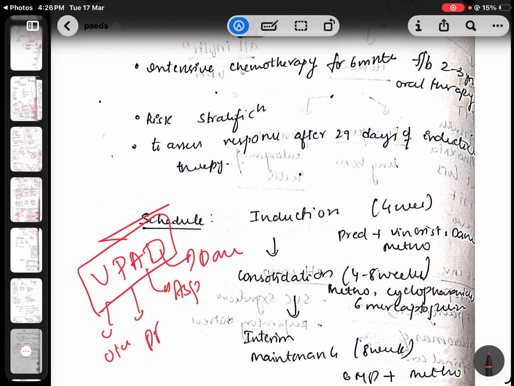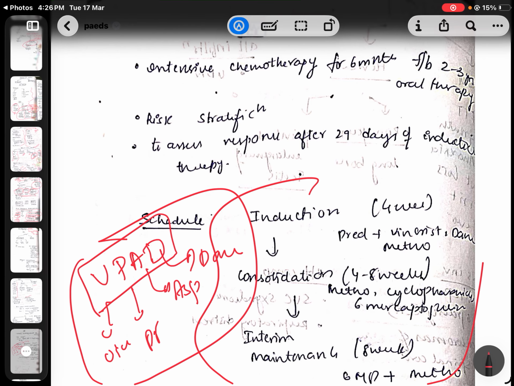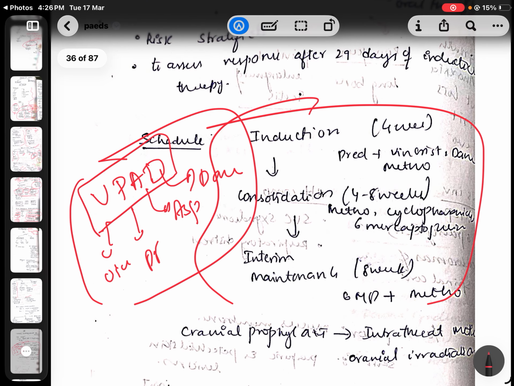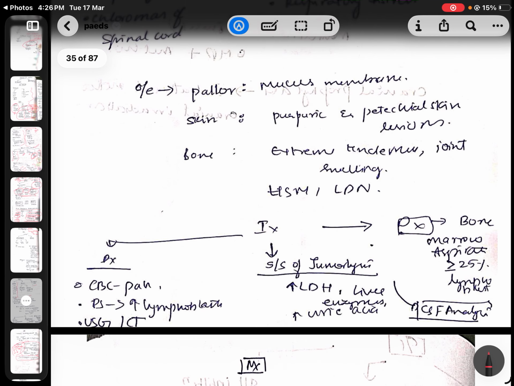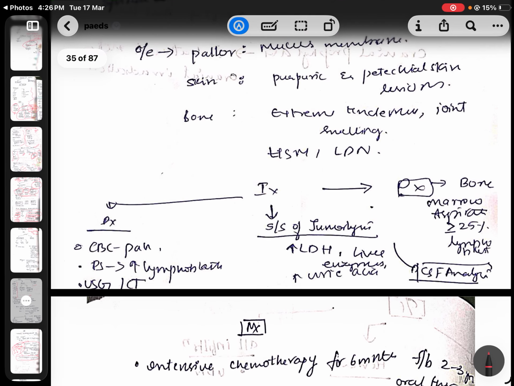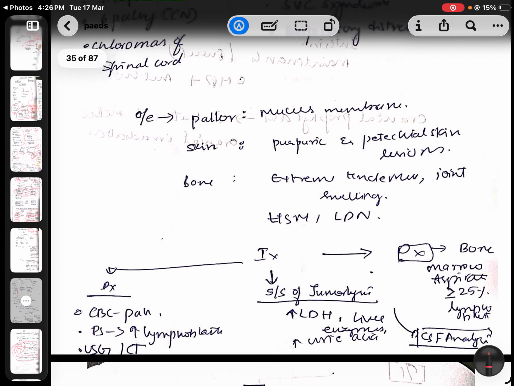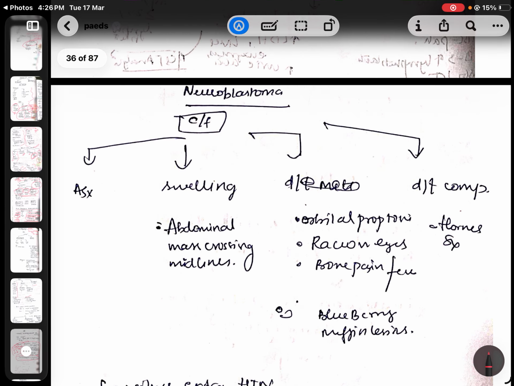These are the 3 phases where you give them. Also cranial prophylaxis, because why do we do LP if it's already CNS? If CNS is already involved, the stage will change. That's the core which you need to understand. The notes will be self-explanatory, and if you go through them it should be more than enough.